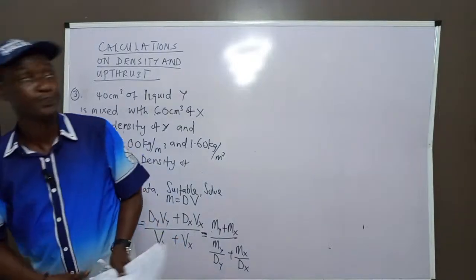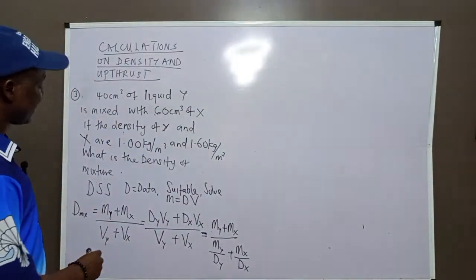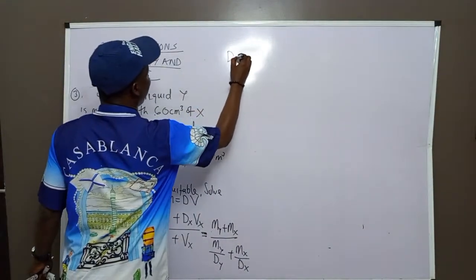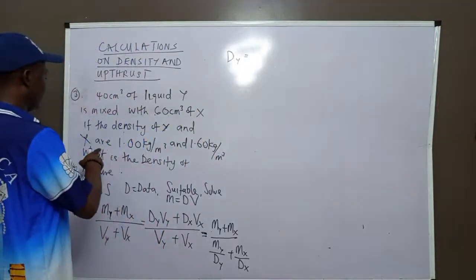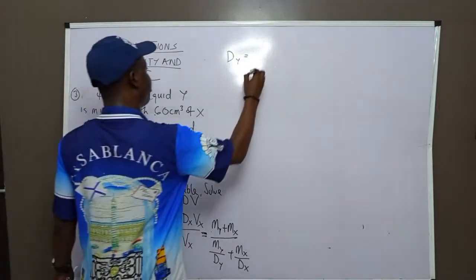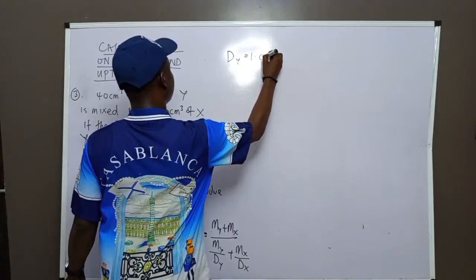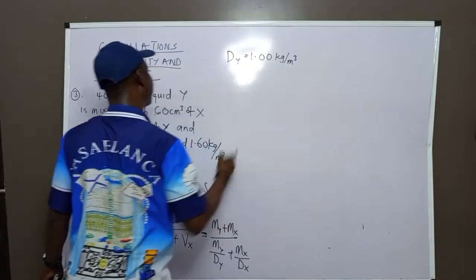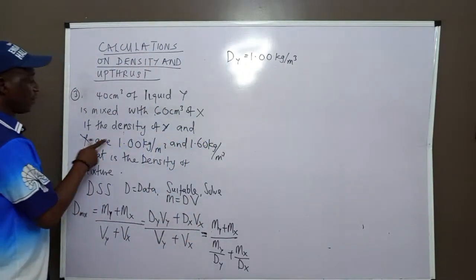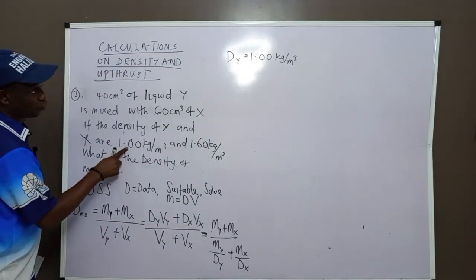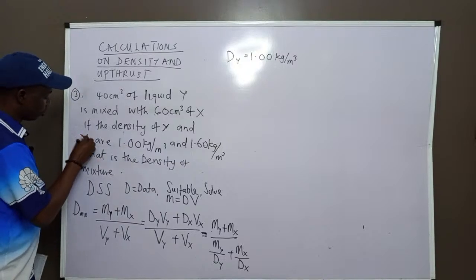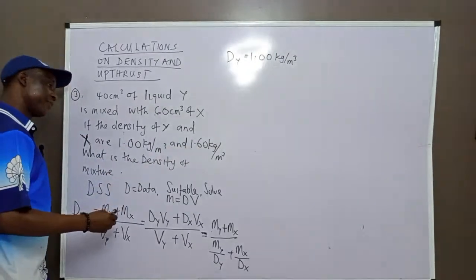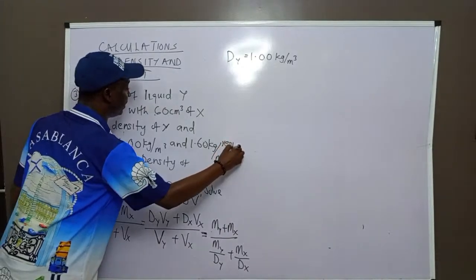Now, density of Y is 1.00 kilogram per meter cube. Then density of X is, Y belongs to this, X belongs to the second parameter. That's why you're supposed to put them respectively.